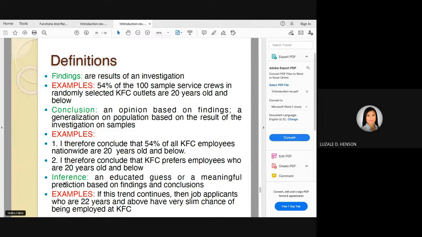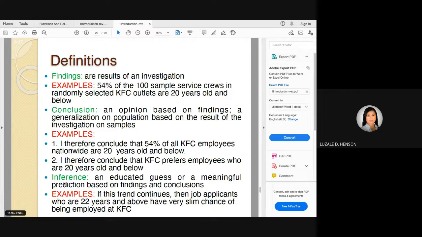Dapat may test siya. And then inference naman is when you make an educated guess or a meaningful prediction based on findings and conclusion. Kaya meron kang statement like this. If this trend continues, then job applicants, so may magpipredict ka na, job applicants who are 22 years old and above have very slim chance of being employed at KFC. Because based on your findings, 54% out of 100 are 20 years old.